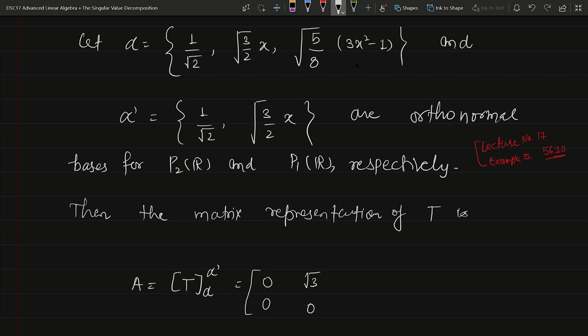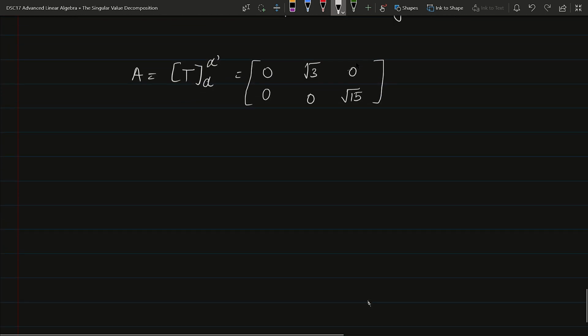So this will be the second column, and again you can, if you differentiate, then you will have the 0 square root of 15. So this is how you can identify the matrix representation of T.